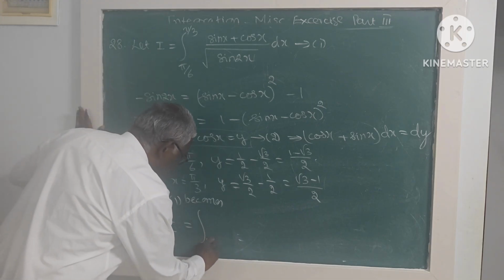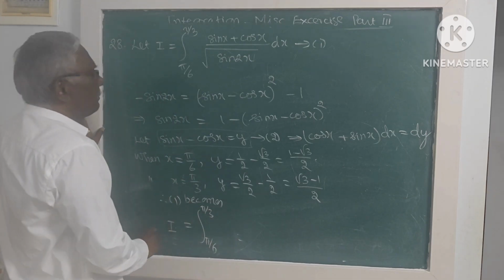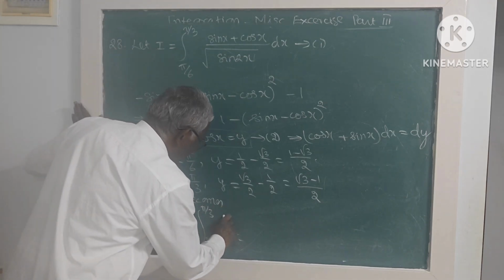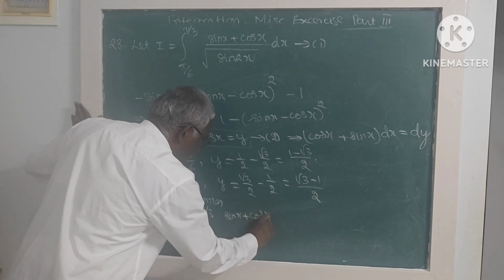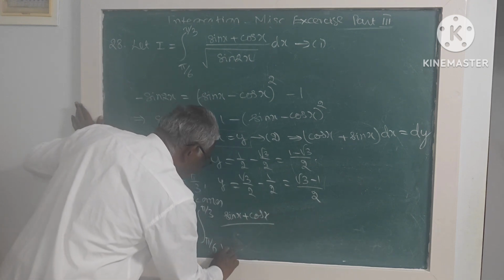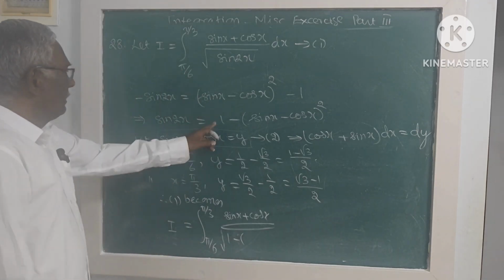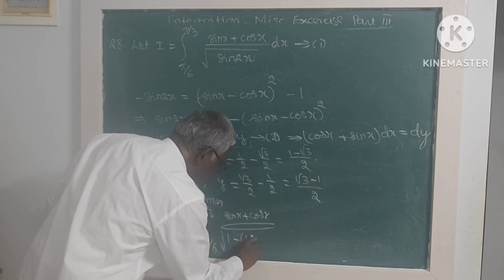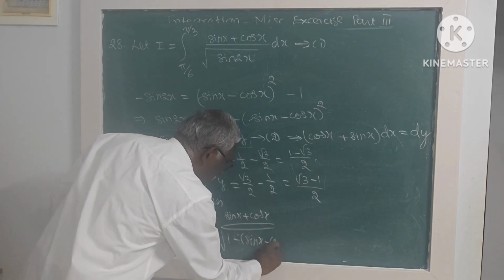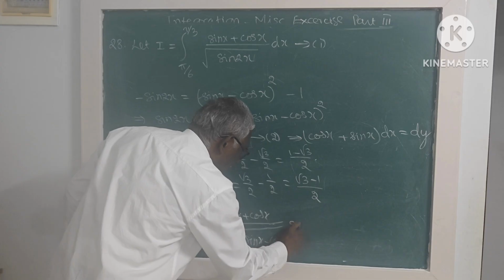So the integral from pi by 6 to pi by 3 of sin x plus cos x by square root of 1 minus sin x minus cos x whole square dx.